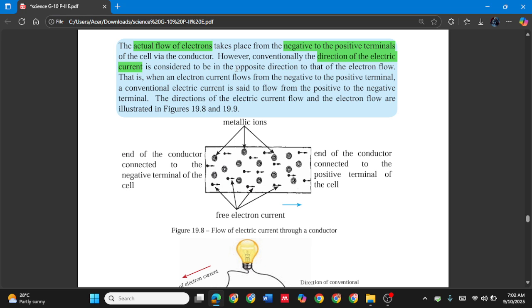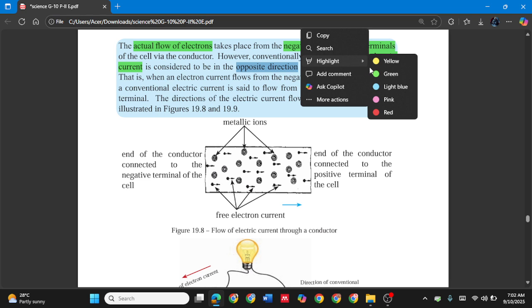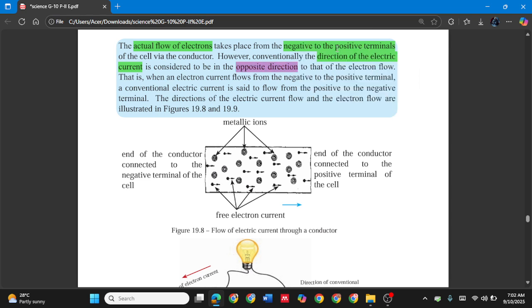Opposite direction to that of the electron flow. That is, when an electron current flows from the negative to the positive terminal, a conventional electric current is said to flow from positive to the negative terminal.